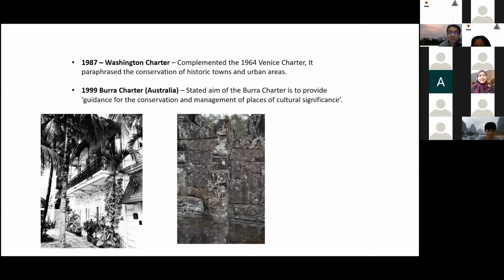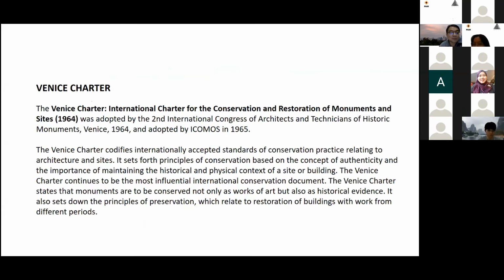So in conservation, we have to protect this from deterioration. Even stones can deteriorate. I'll show you what causes it. So this is the Venice Charter. I won't dwell on it very much. Go and read it, Google it. Plenty available, very easy, you can download the document. The Venice Charter codifies internationally accepted standards of conservation.